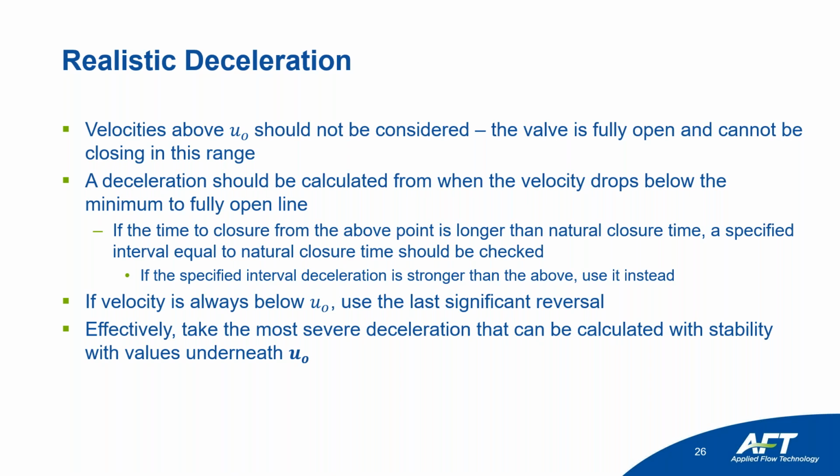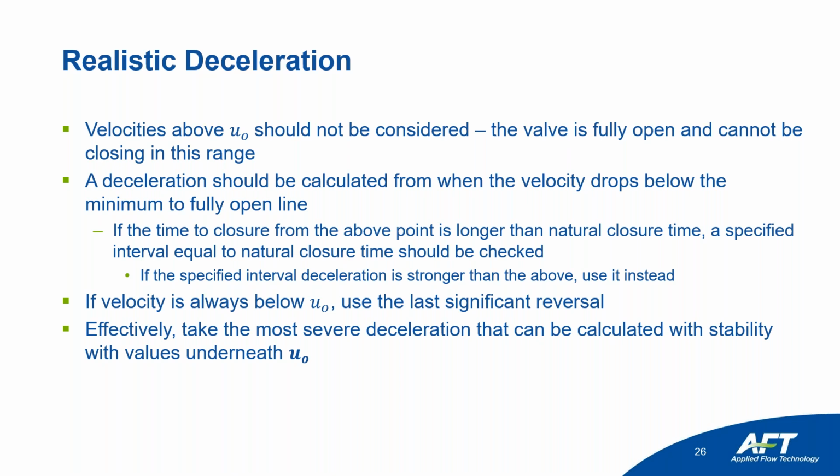Instead, you should calculate a deceleration from when the velocity drops below the minimum to fully open line. And if the time to closure from that point is longer than the natural closure time, a specified interval equal to that natural closure time should be checked. And the keyword here is checked.